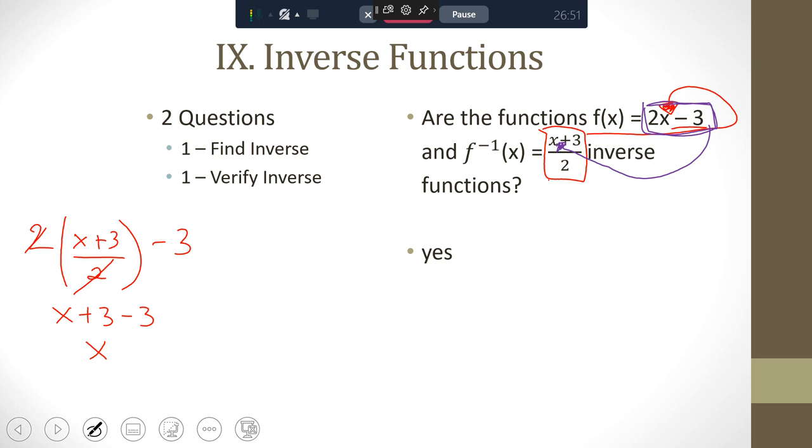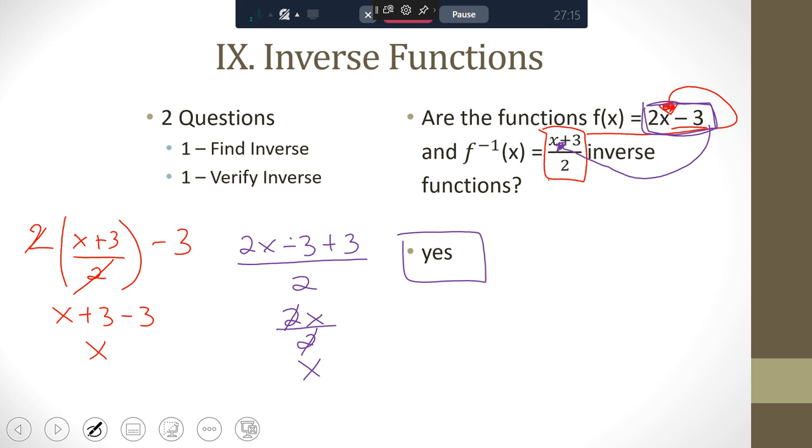Instead of an x, I'm going to put 2x minus 3. Then I still have a plus 3, and it's all over 2. Negative 3 plus 3 is what? 0. Then I have 2x over 2. My 2's cancel out, and I'm left with an x. Because I got x for both, it is yes.